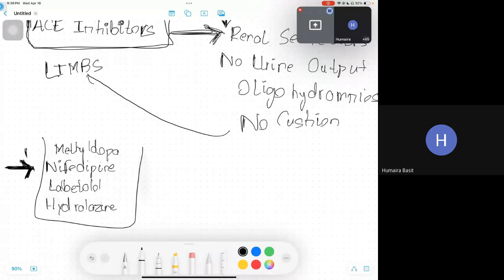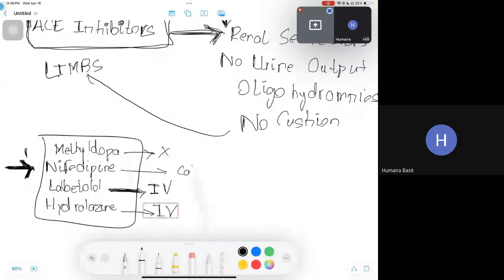So these are the antihypertensives that we give in pregnancy, and you won't give any other antihypertensive in pregnancy. Remember, labetalol is IV that we give in pregnancy. So is hydralazine. Methyldopa is not usually preferred. So nifedipine is a calcium channel blocker, and this is given in oral form.